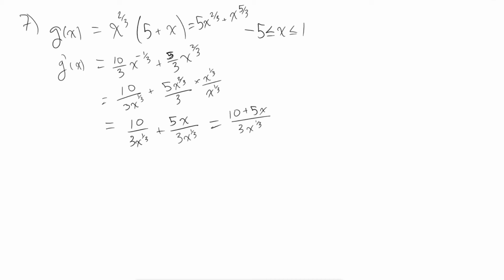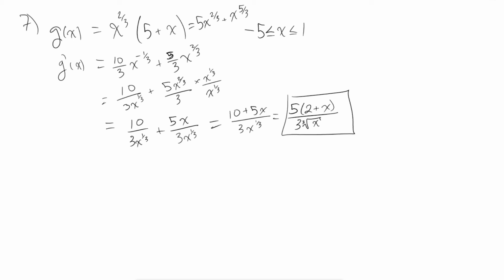Or maybe better put, I'll factor out the 5 first. So 5 times 2 plus x over 3 times the cubed root of x. There we go. So this is the simplified form of my derivative, and now I have to find my critical values. Remember, the critical values are when my function is either equal to 0 or undefined.